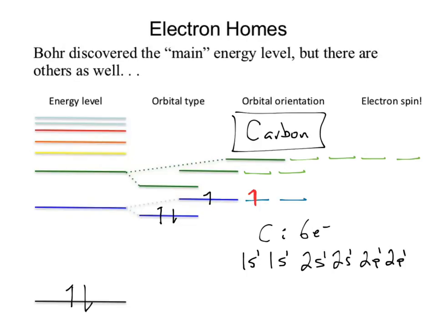Why here and not paired? The only reason we pair is there's not a lower energy or equal energy state for me to go. Okay, I'd have to move to a higher energy. As soon as I hit the p orbitals, all of those orbitals are at the exact same energy level. So I will fill each of them half first and then pair if I have to. Okay?